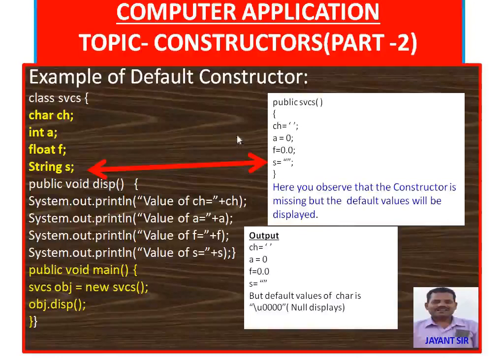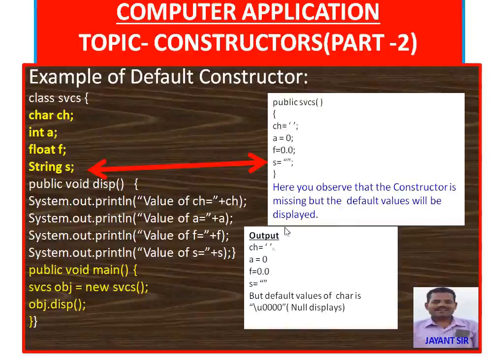Look at the right side to see what is missing. According to the definition, the constructor SBCS must be there, but it is missing. Here you observe that the constructor is missing but default values will be displayed.